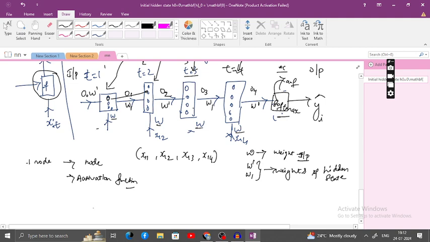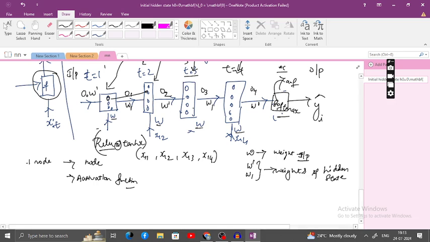What is the activation function? In RNN we use ReLU as well as tan hyperbolic. That is what we use in a recurrent neural network in the hidden layers, not at the output.